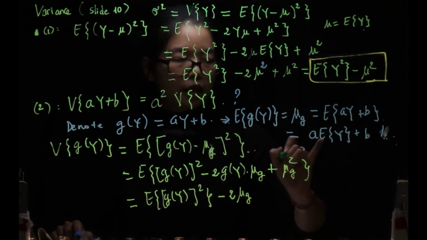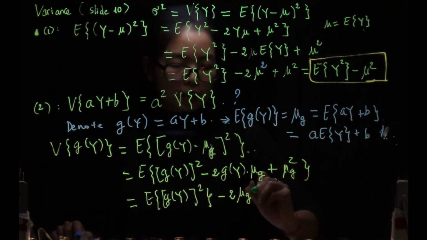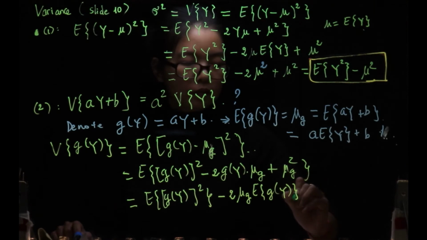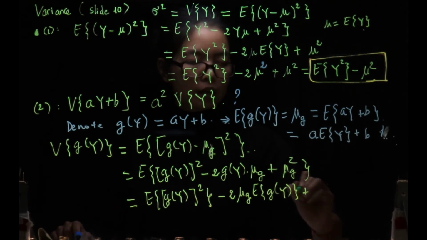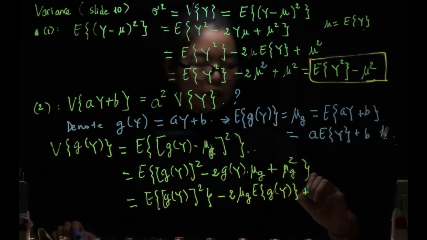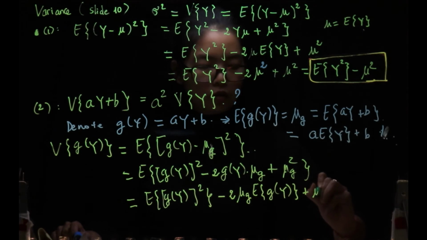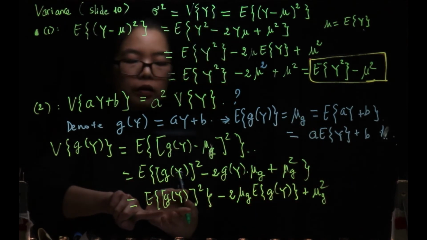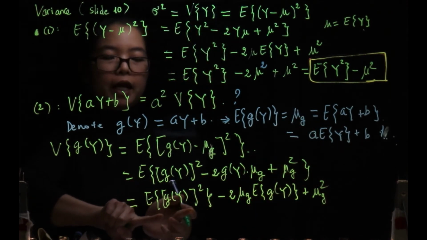Given that the expectation of y is a constant, times the expectation of g of y, then plus, because mu g is constant, its square is also constant, no need for the expectation operation there, mu g square. Now the only part we will have to take care of is this expectation of g of y squared.